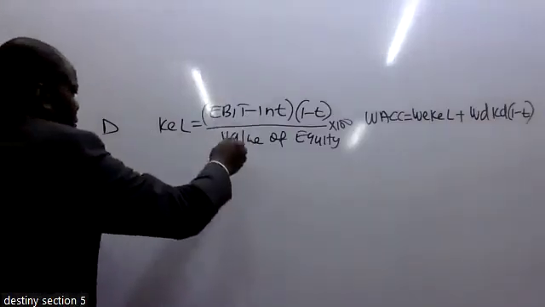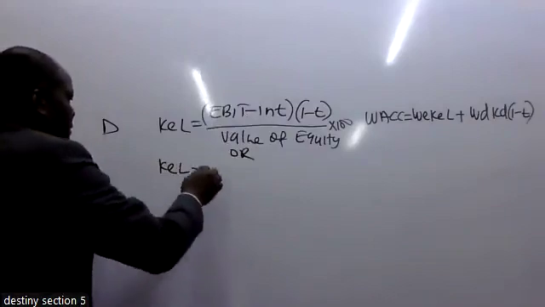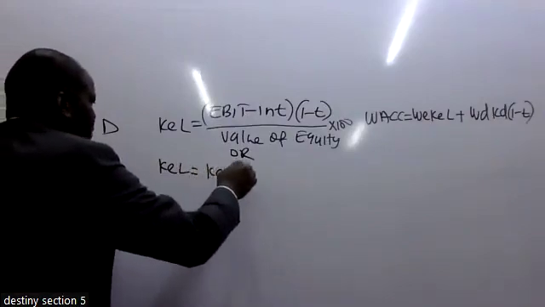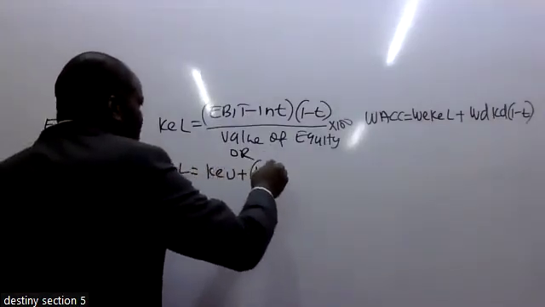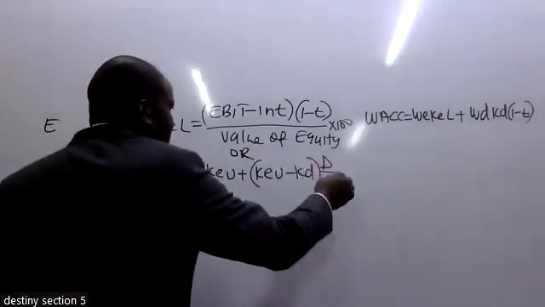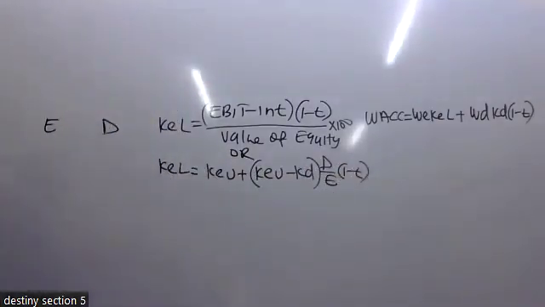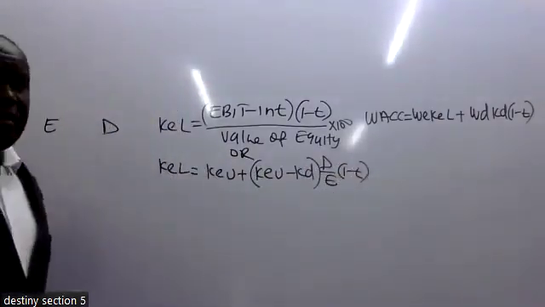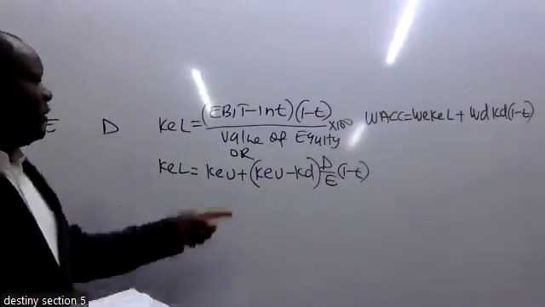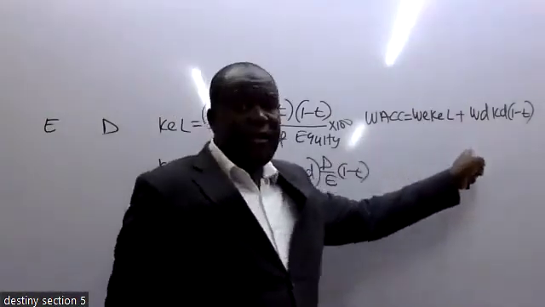Remember, KEL will also be given by KEU plus, in brackets, KEU minus KD, and remember D over E, then 1 minus the tax rate. So the only difference now is that you are to use either this formula or this formula to get that KEL.